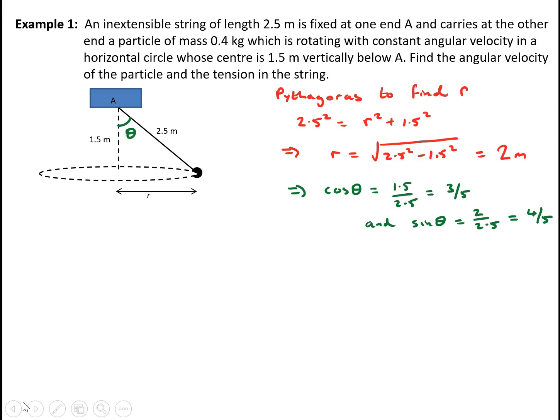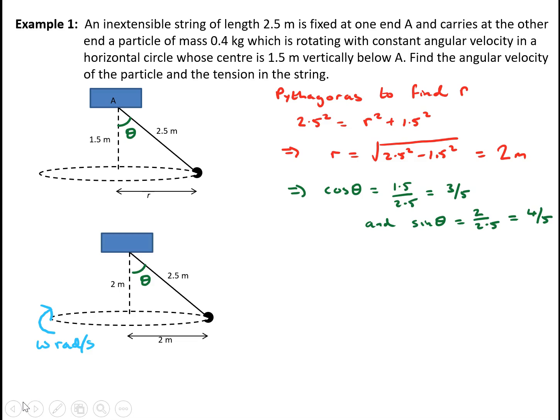Now we'll produce a second copy of the diagram, and at this stage we'll show that the particle is going round the circle with angular speed omega radians per second, and we will add the forces and the accelerations to the diagram.